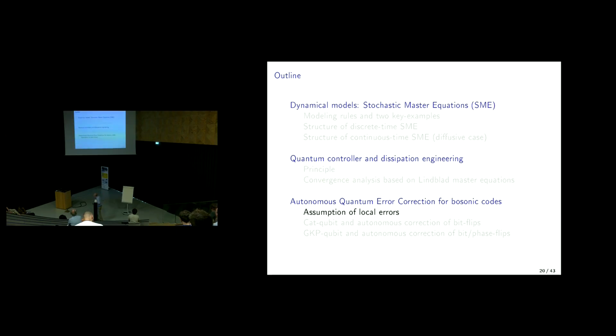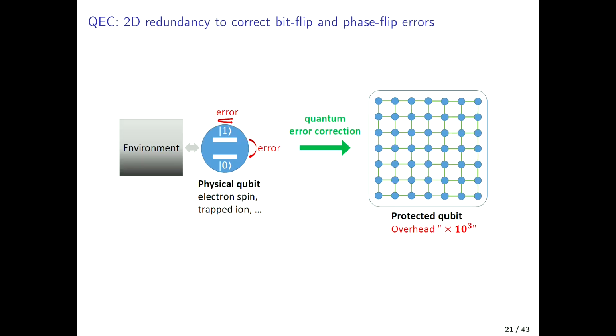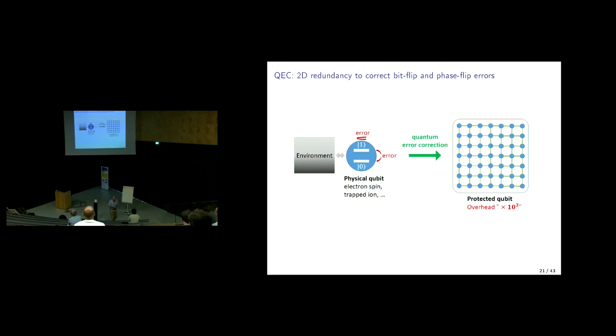And now let's go to what we called autonomous quantum error correction for bosonic code. So first, what is the problem of correcting error for a qubit? For a qubit, you have two fundamental errors.